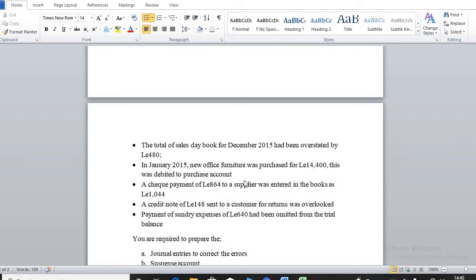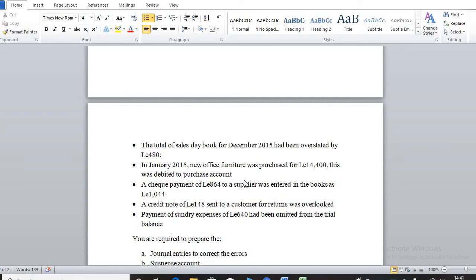So the two main accounts affected by the mistake are the check, which has to do with the bank account, and the creditors' or supplier's account. So here too, we are not going to use a suspense account because we've gotten two accounts.